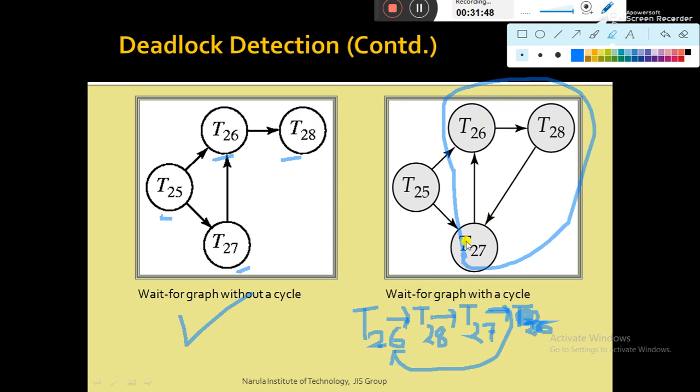That is why the system is in a deadlock state. So in that case, the transaction cannot proceed with its normal execution. So with the help of the wait-for graph, we can detect deadlock. For detection, we need to devise an algorithm. The algorithm will read the wait-for graph and check whether a cycle is there or not.